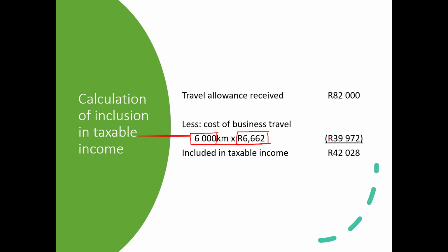Then you get to an amount of 39,972, and therefore as a final figure, the amount that should be included in gross income, the net amount is the 42,028 rand.